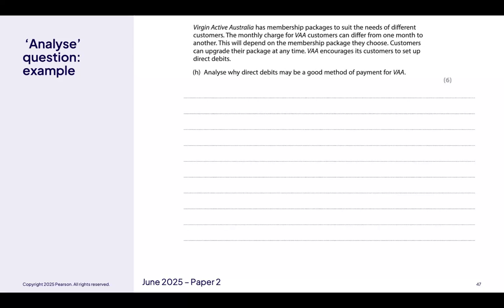VAA encourages its customers to set up direct debits. And the question, here's our command word, analyze, analyze why direct debits may be a good method of payment for VAA. And guess what? It is worth 6 marks. Always analyze question, 6 marks. Why are direct debits a good method of payment?